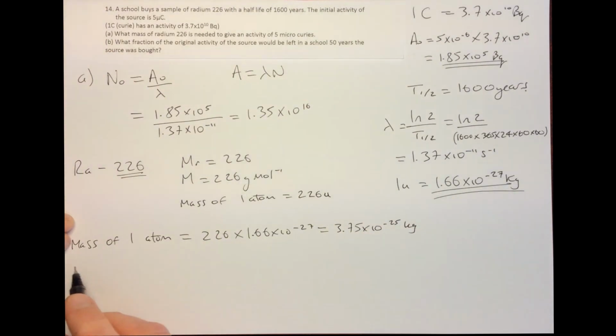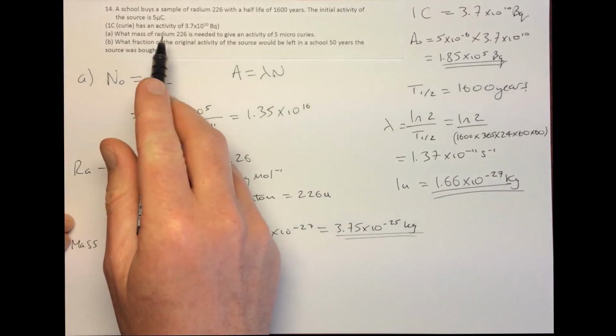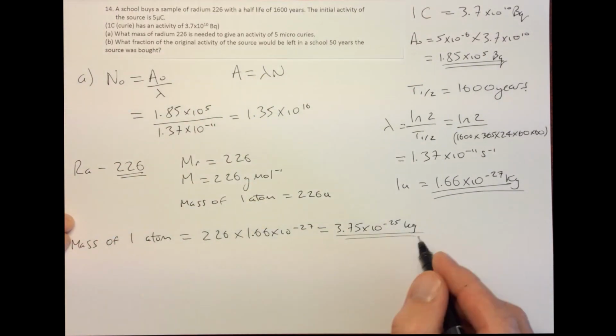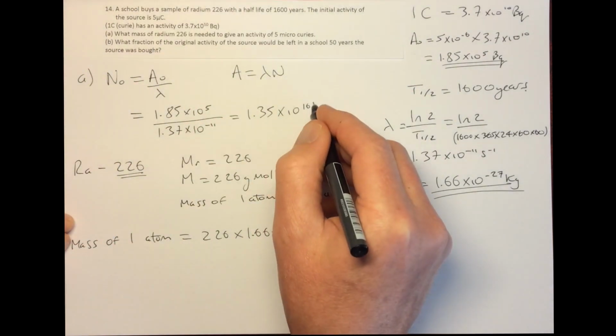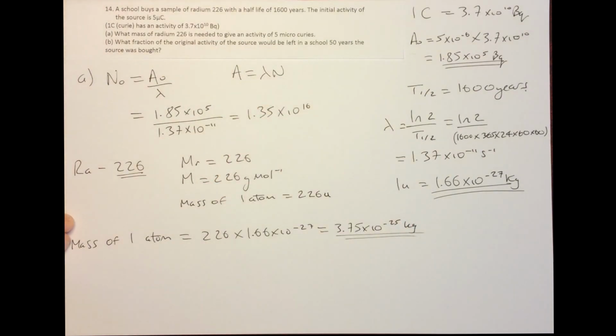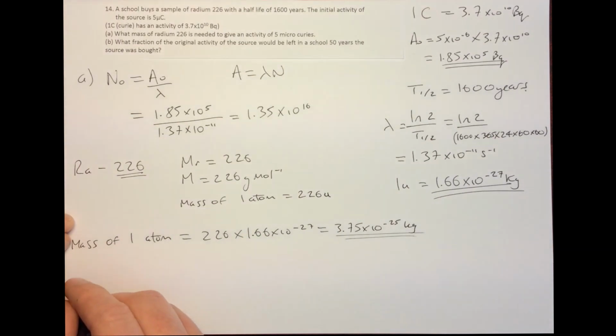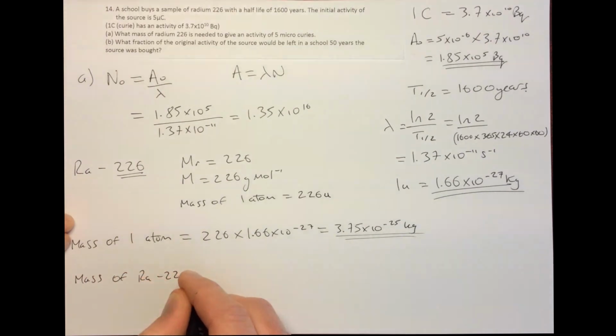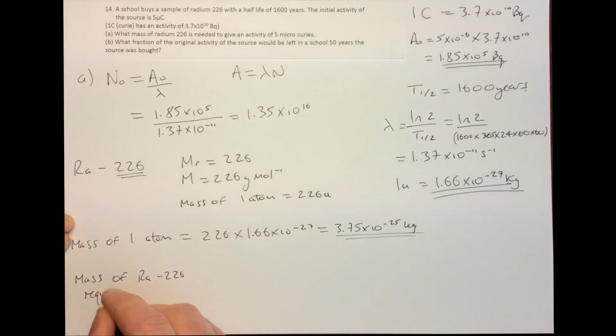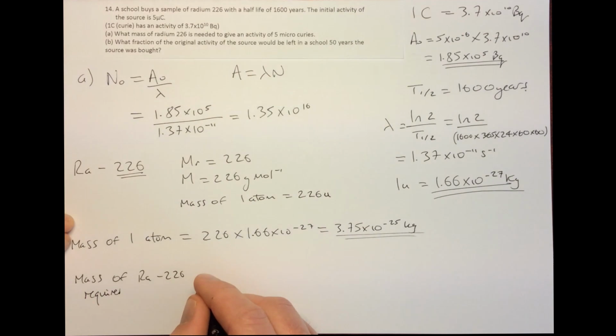Okay, so that's the mass of one atom in kilograms, but we're asked the mass of radium required. Now we know the mass of one atom, and we know the number of radium atoms required to give us this activity. So all we need to do now to work out the total mass is to multiply these two things together.